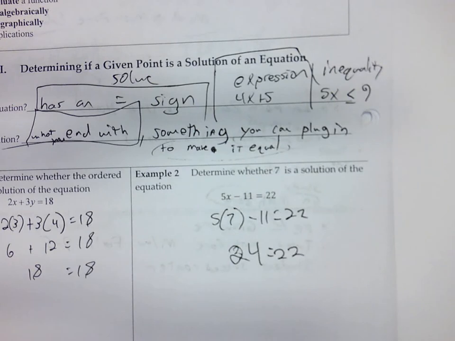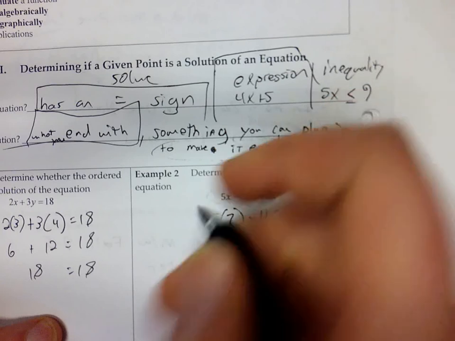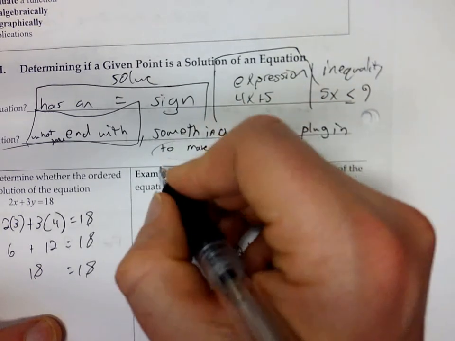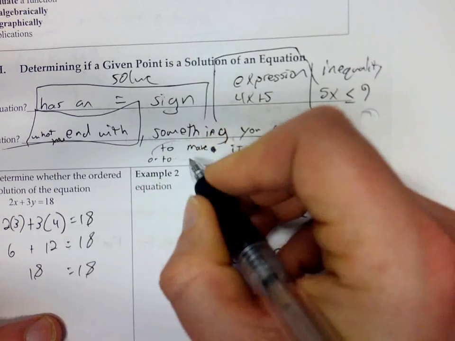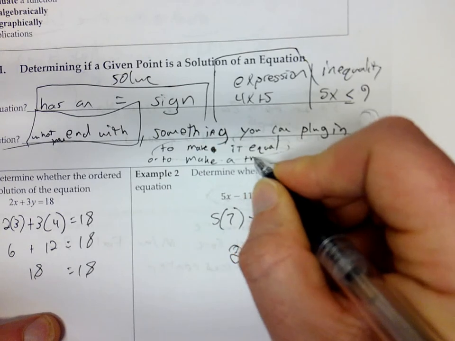That was one of the things one of my classes came up with this week. There are lots of other ways to phrase this. You could say something you can plug in to give you a true statement. Right? So to make it equal, or to make a true statement.